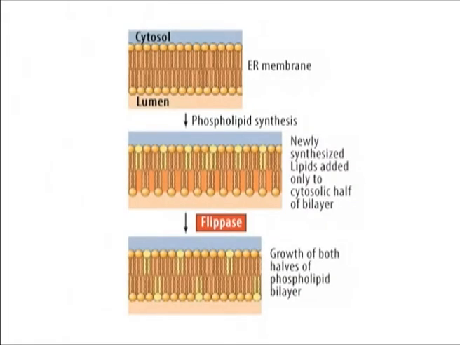This transfer does not occur spontaneously because it requires the passage of a polar head group through the membrane. Instead, membrane proteins called flippases catalyze the rapid translocation of phospholipids across the ER membrane, resulting in even growth of both halves of the bilayer.